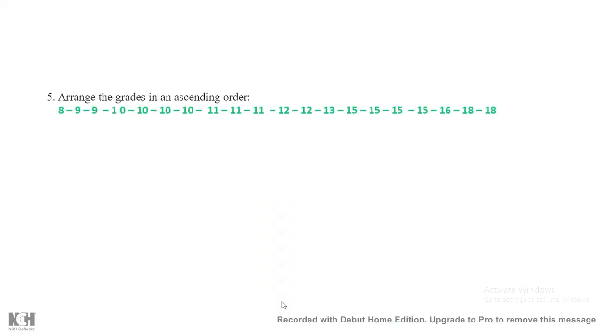Now, if we are asked to arrange the grades in an ascending or increasing order, we list them in increasing order. What is the grade for which 50% of grades are below this value and 50% are above it?